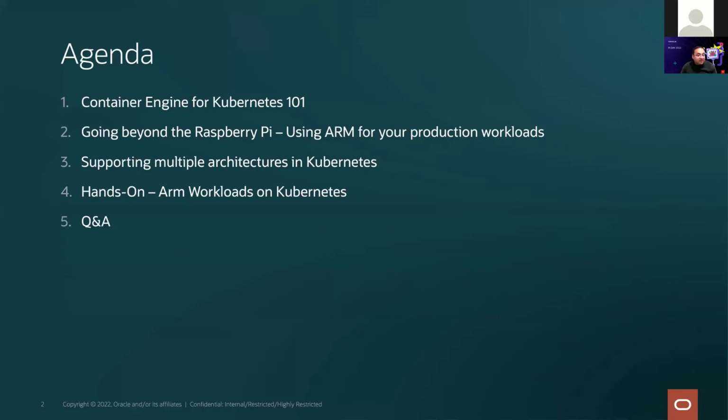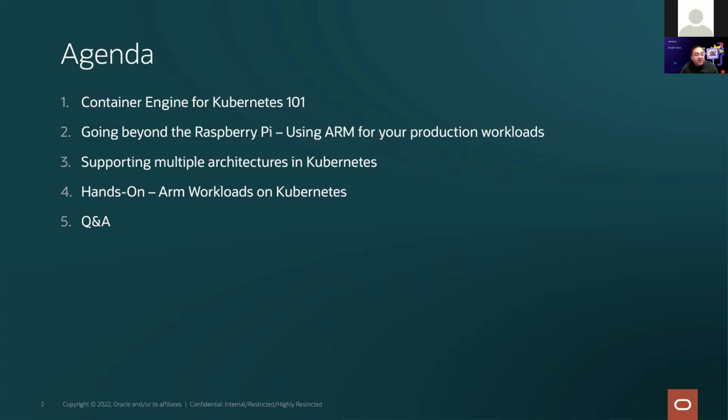We'll look at some of the advantages of using ARM for your actual workloads. But the real question we're going to tackle today is, how can I introduce a brand new CPU architecture to my workloads while maintaining my existing CPU architectures, my existing processes, and how do I seamlessly transition?